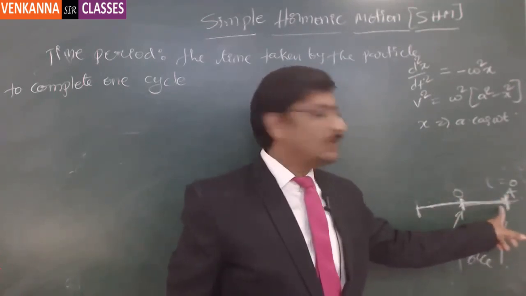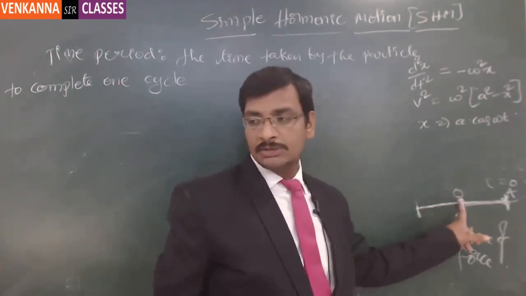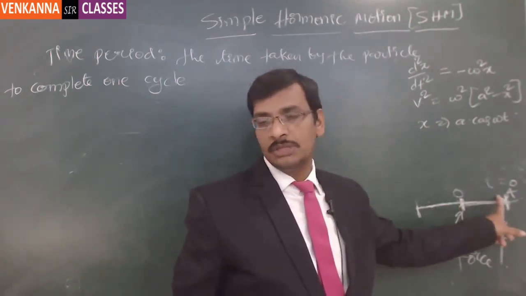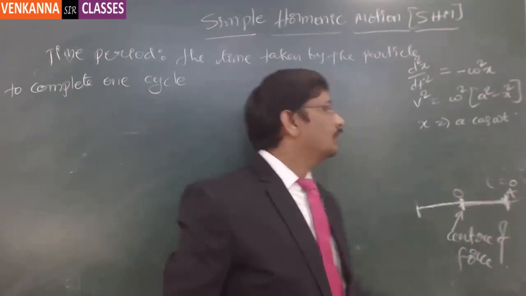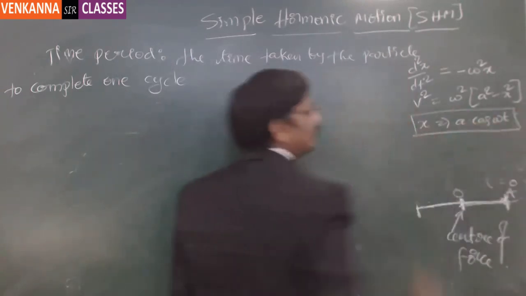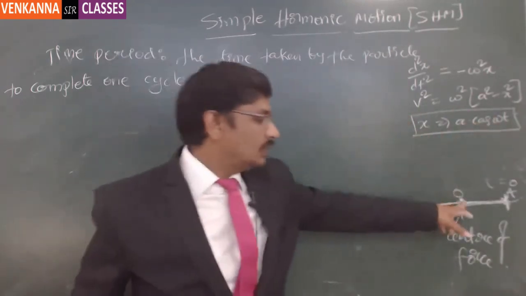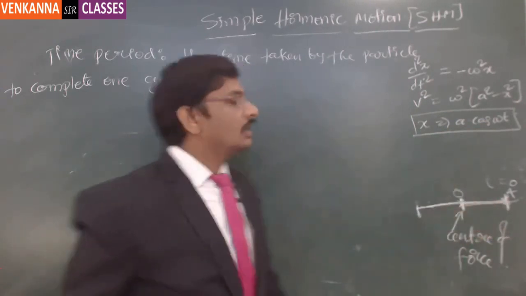Because it comes here and then it moves here, again comes back and again comes back to the original position. Now first we calculate this time from point A to O. So we have got the relation x is equal to a cos omega t. Now x equal to 0 is the time, you have to start counting from x equal to a.